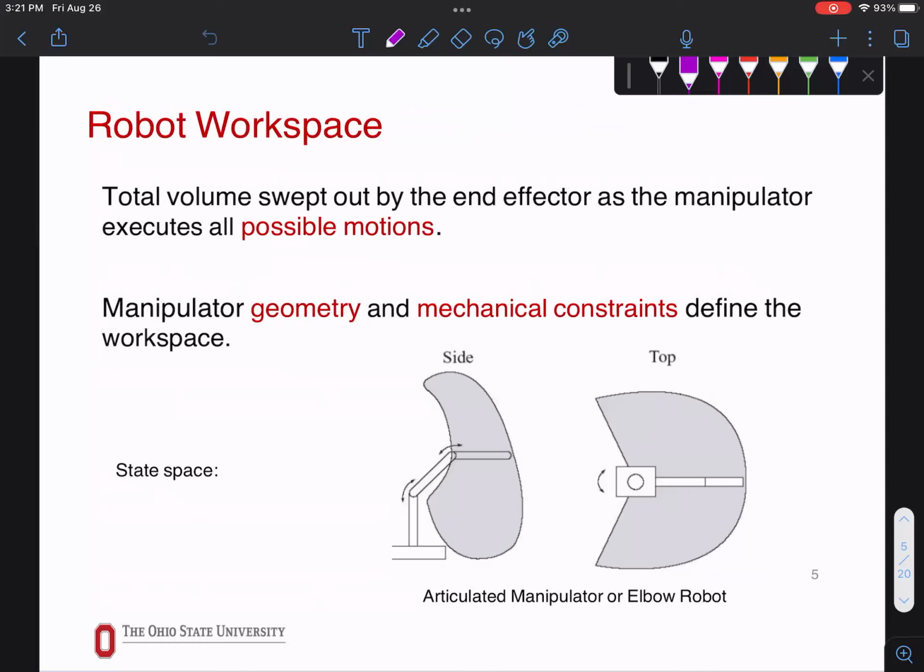Now, if you wanted to write the state space of this robot, this is grounded. It moves here, and from top, this one also moves.